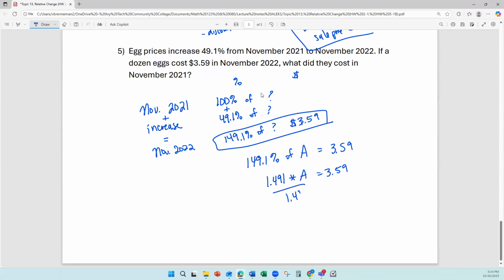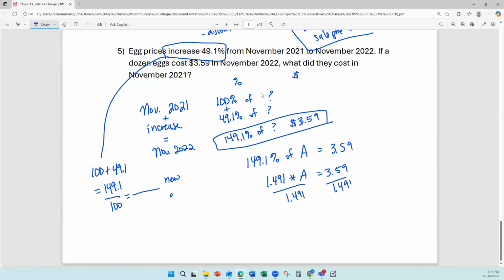Divide by the 1.491. Or you could look at it this way: when I see increase 49.1%, I'm going to take 100 plus that. I'm going to put that over 100, equal to new over old. I'm putting the new 3.59 on top, the old unknown value on the bottom.